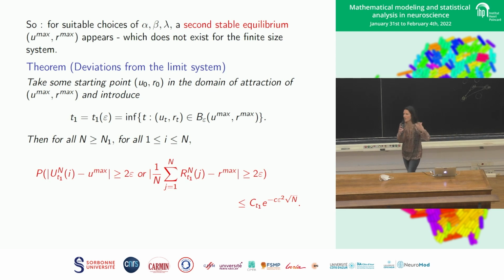Or in other words, the finite system is imitating the limit system with an exponentially high probability.